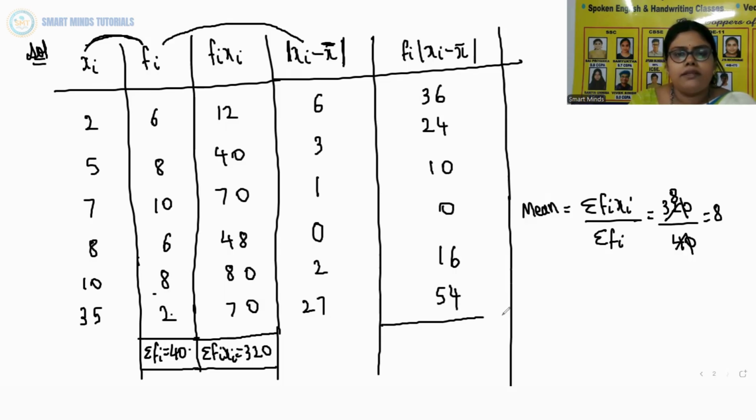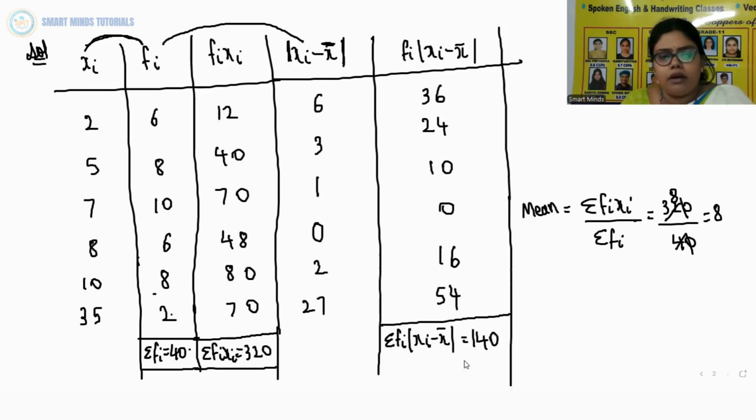We need to add this now. So the answer which we get, we name it as sigma fi mod xi minus x bar. Whichever column you are adding, after getting the answer, we will name it as sigma of that column name. Sigma means summation. Now if you add this last column, you will get 140.